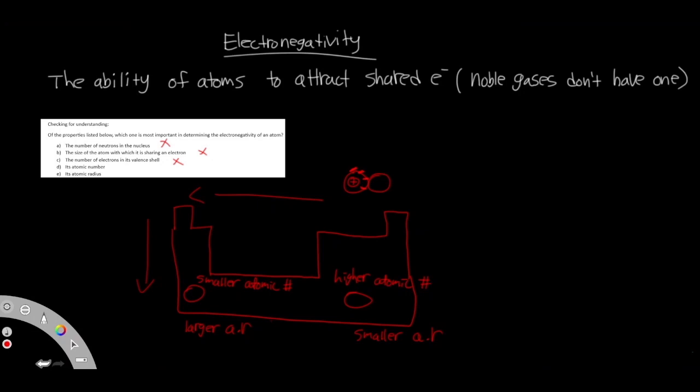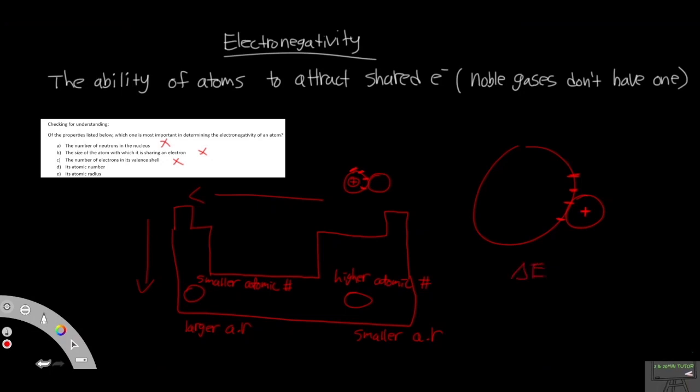So, if the neighboring atom is really, really big, and the small one is really, really small, the nucleus in here has a strong ability to bring those electrons that are residing over here closer towards it. It has to deal with the size, because the difference between this and this will give you a larger EN.